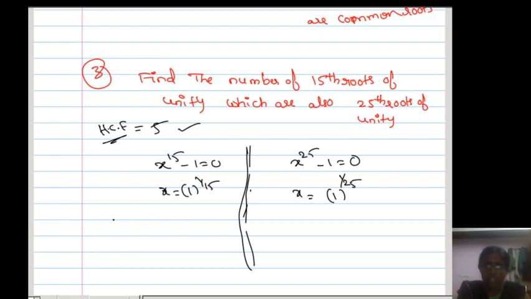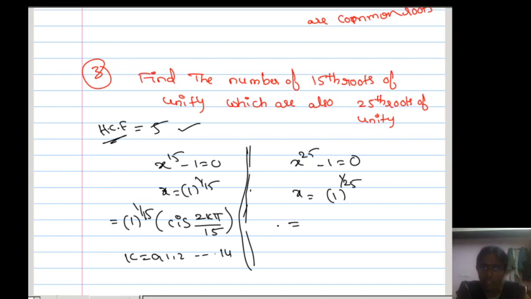Now I want to find the 15th roots of unity, which means r^n = 1. Here also r = 1, so 1^(1/15) = cis((2kπ + θ)/15) where θ is 0, and k varies from 0, 1, 2 up to 14.